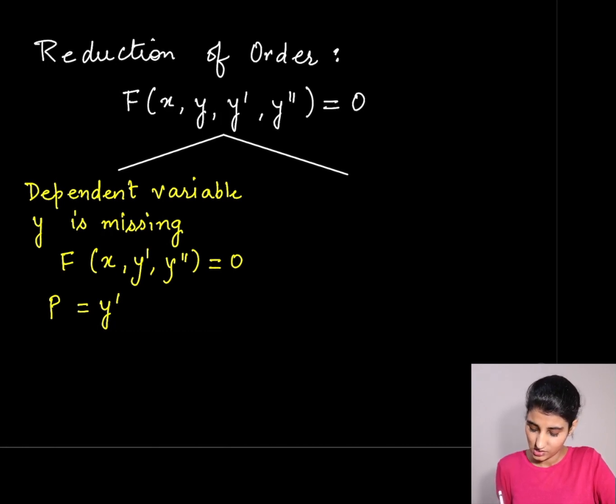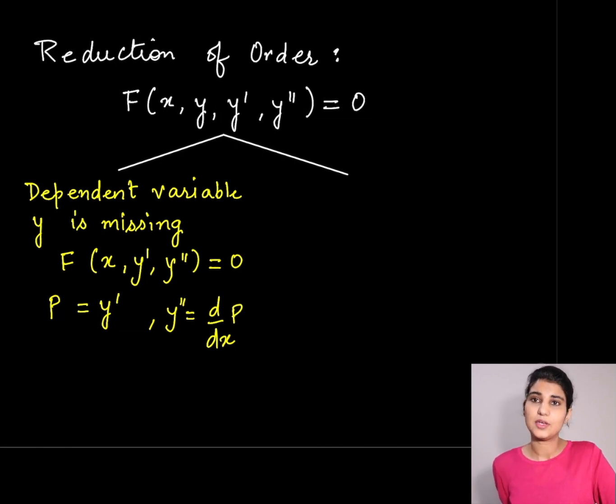Okay. So if we substitute p equal to y prime, then y double prime, which is the derivative of y prime, is the derivative of p, right? So our y double prime is dp over dx.